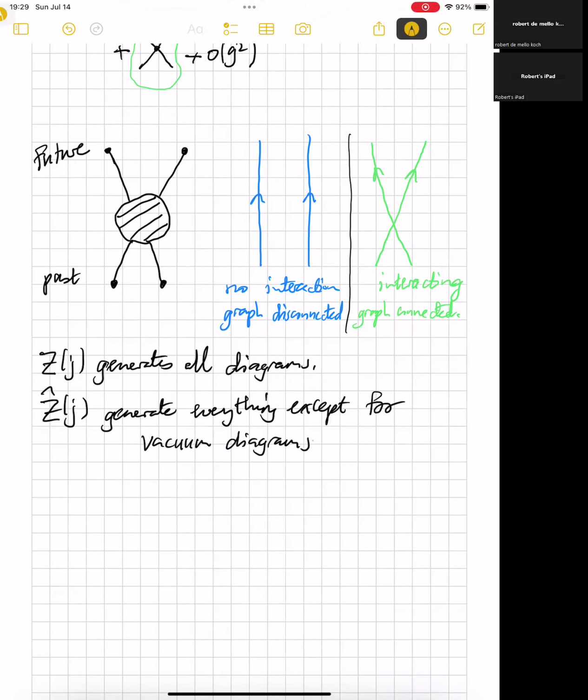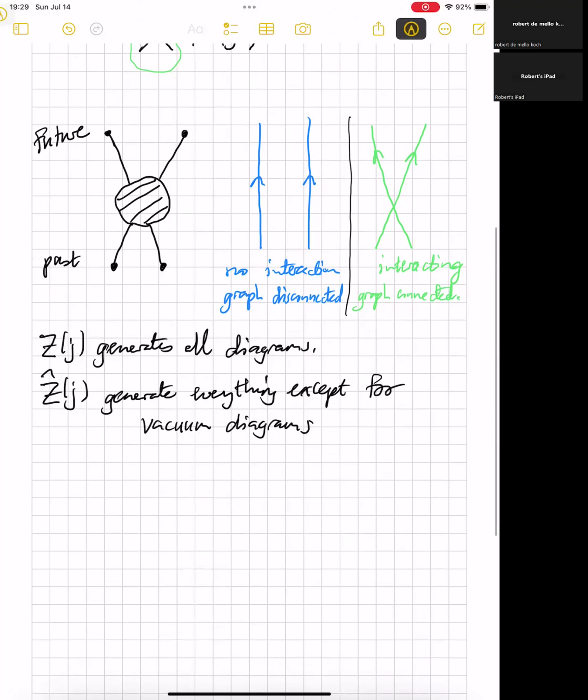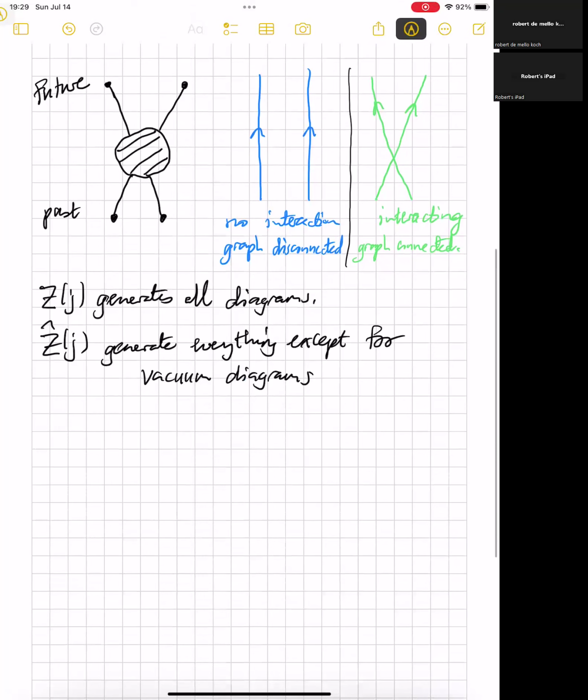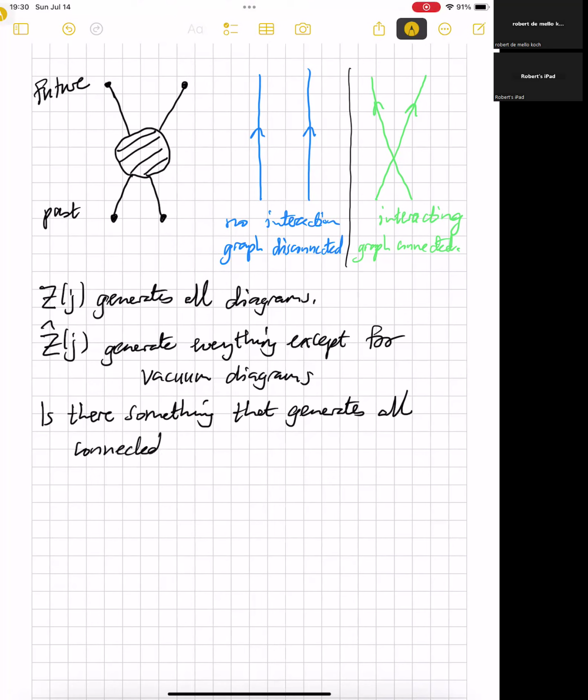So now, since interactions are associated with the connected diagrams, a natural question to ask is: is there something that generates all connected diagrams?